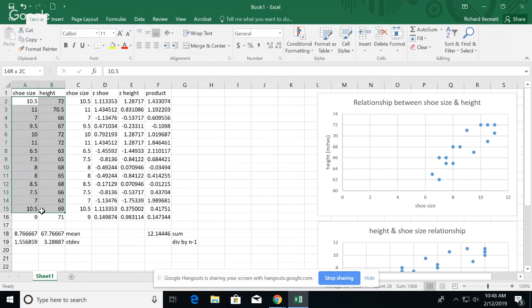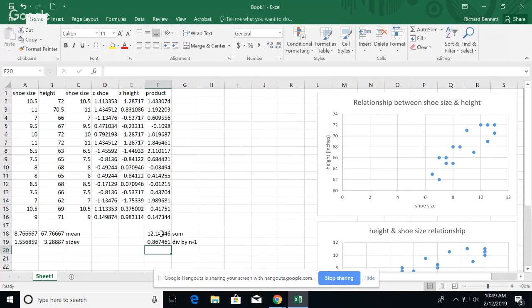There's only 15 of you in the room, not 30. So we're going to divide by 14. That number divided by 14, and I got 0.867.